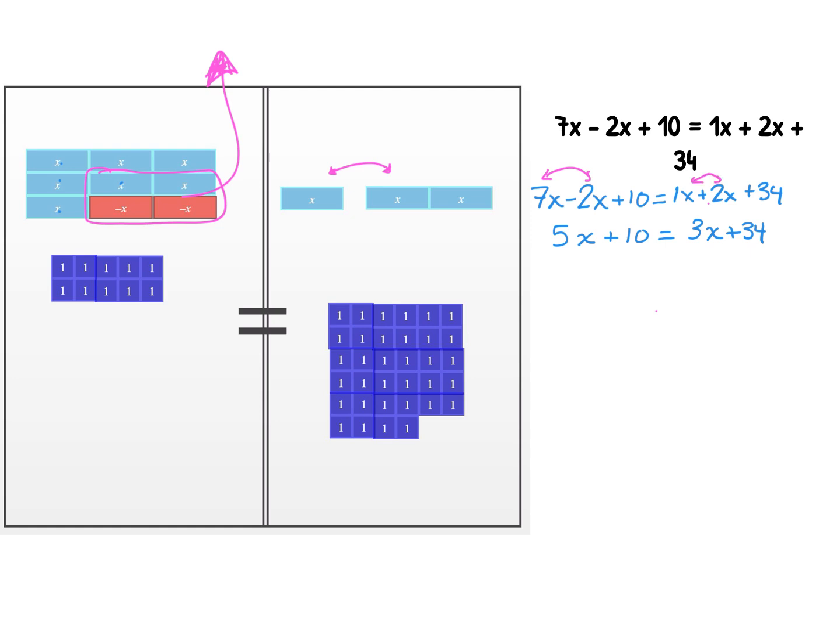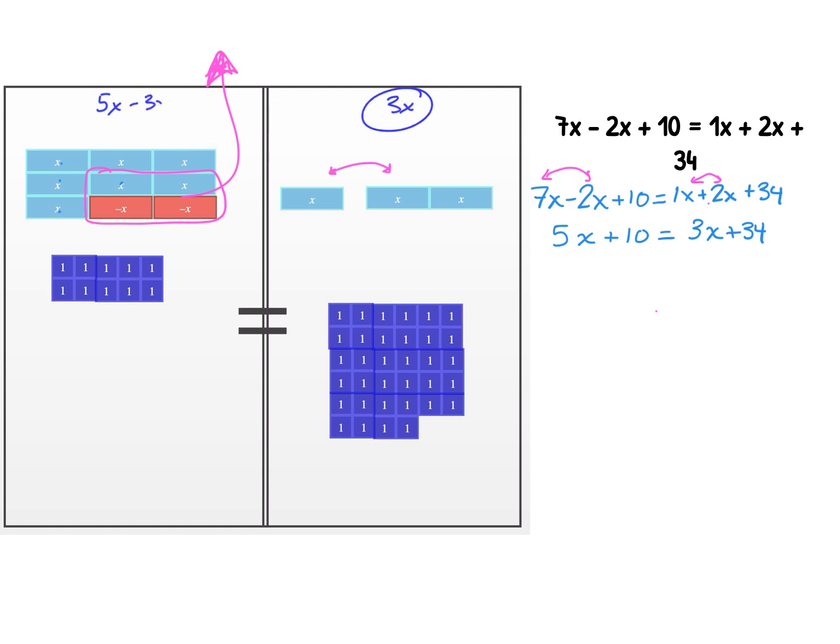Now, we talked a little bit earlier about getting all of our unit tiles to one side and all of our x tiles to one side. So let's try to see if we can use the idea of our x tiles, rather, and getting them off of our mat first so that we can simplify. Well, I have 5x tiles over here, and I have 3x tiles over here. So if I was going to remove a balanced set, I could remove the 3x from each side.